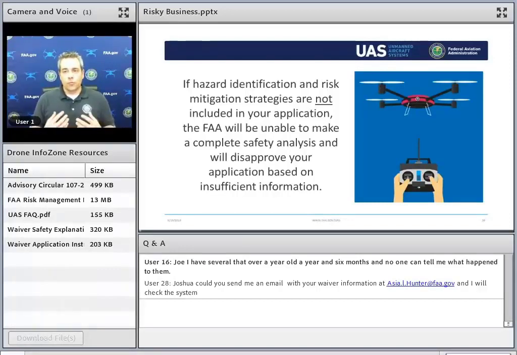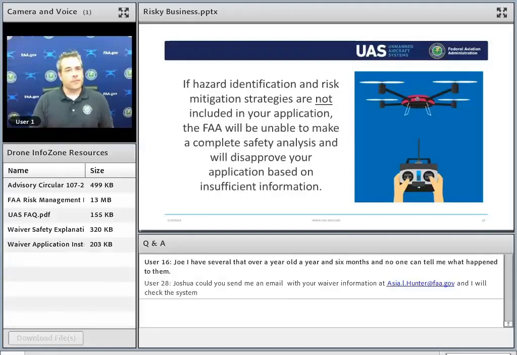Now, we've talked a lot about hazard identification, risk assessment, mitigation, and things like that. I want to emphasize one more time, if you're not providing hazard identification and risk mitigation strategies in your waiver application, we are stuck with being unable to make a complete safety analysis, and therefore we'll have to disapprove the waiver application.